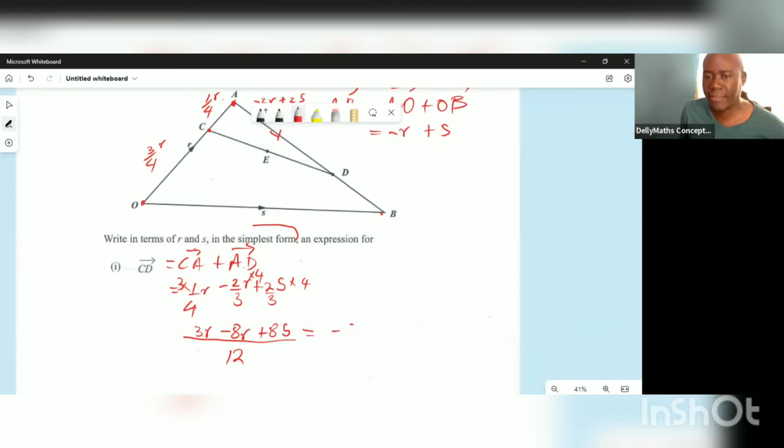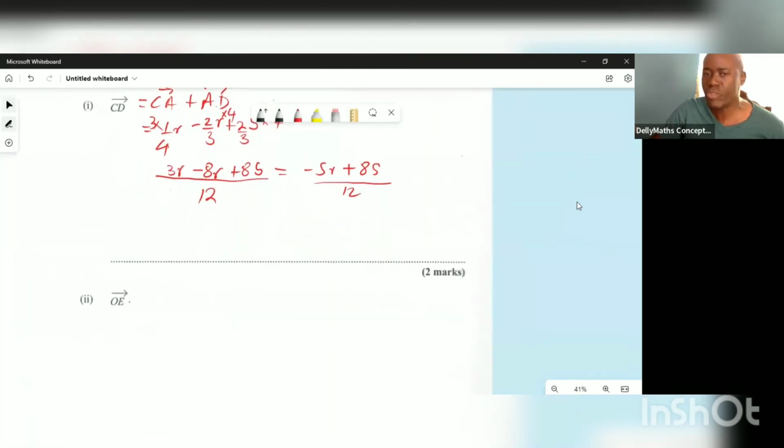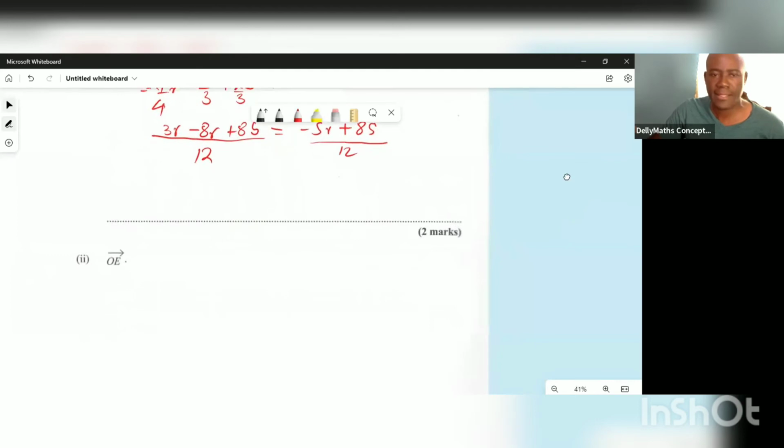Simplifying, I'll have negative 5R, positive 8S, all over 12. So that's my response. However you want to write this, you could put the 8S minus the 5R if you want, but it's the same response. All right, so that's that.